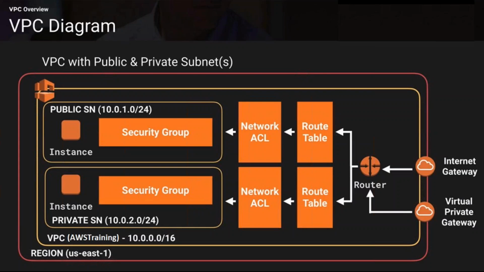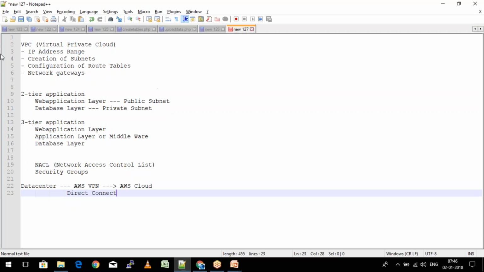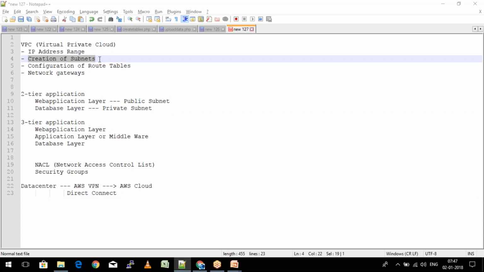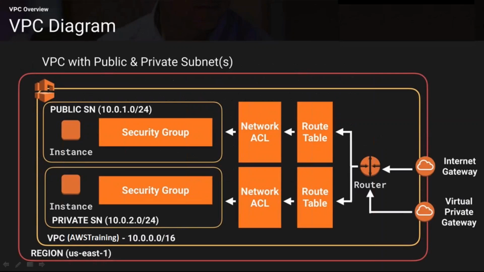So now we have learned what we can do with the VPC. Once we launch our VPC, I'll have my subnets, right? If you remember from point 2, I create my own subnets. Once I create my subnet, I'll be able to launch my EC2 instances in it. So here is my subnet. This is called a public subnet, this is called a private subnet.